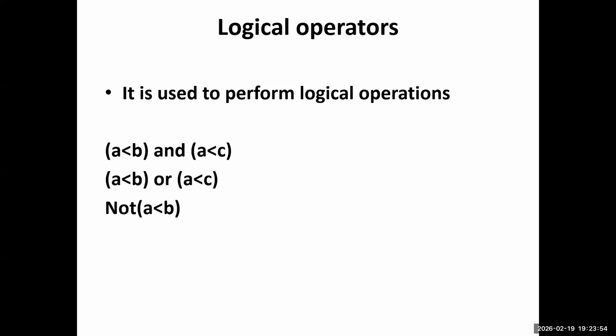Otherwise, A is not lesser. That's all. You can use a single condition whenever you are using a relational operator. But if you are using a logical operator, you can combine a number of conditions in a single statement. It helps to perform logical operations. So this is what we call a logical operator.